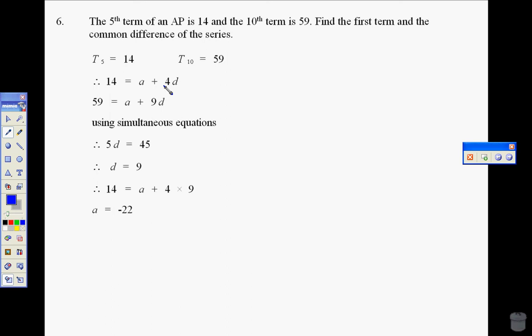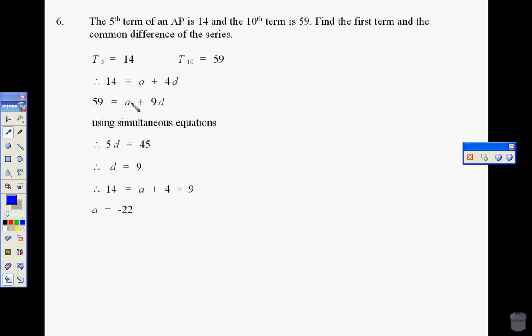But if we look at t10, which is equal to 59, and use a plus n minus 1 d, with n being 10, that gives us 10 minus 1, which is 9. We get a plus 9d is equal to t10, which is 59. They're simultaneous equations. Pretty simple simultaneous equations because we can just subtract the a.